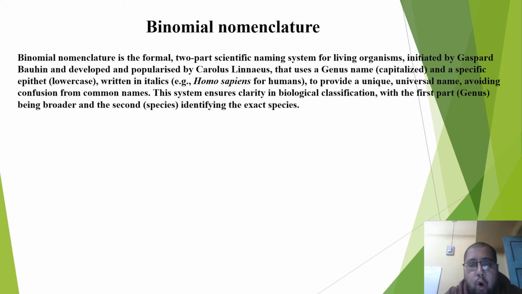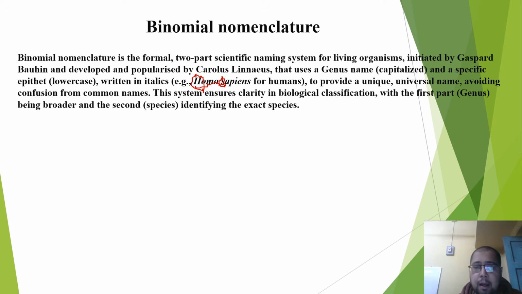For example, Homo sapiens for humans. Note that in this name Homo sapiens, the generic name Homo starts with a capital letter, whereas the specific name sapiens starts with a small letter.